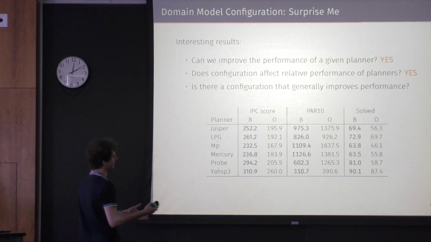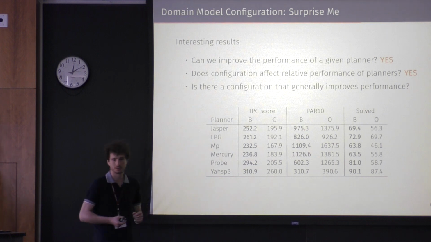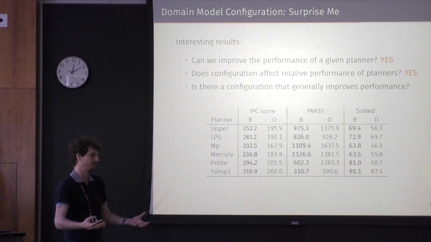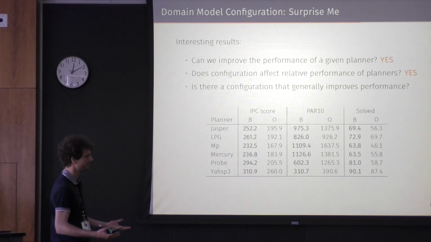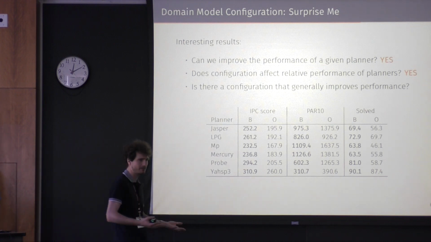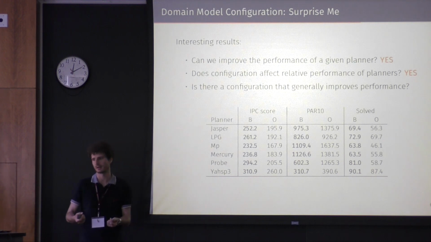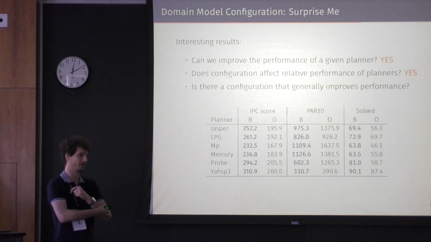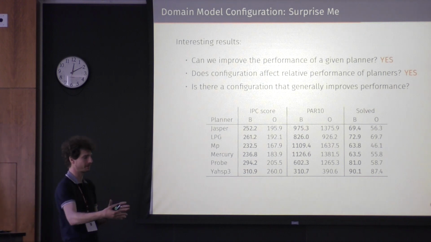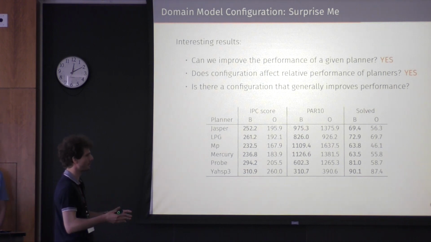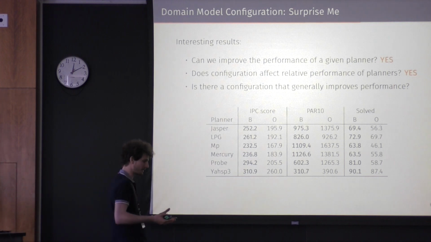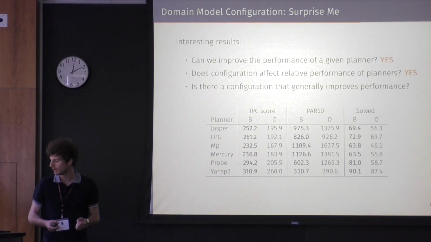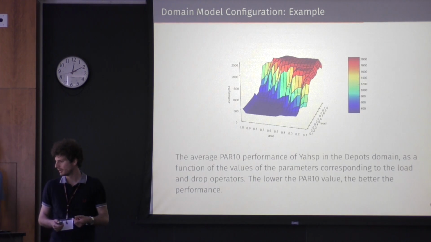But since we have extracted a few of them, considering these planners, is there a configuration that improves in general the performance of all the planners? And the answer was yes, which basically means that despite the fact that the reasoning side of the planners is different, the wrappers are different, the parsers are different, there are some aspects which remain the same for all of them, and which can basically support the planning process.